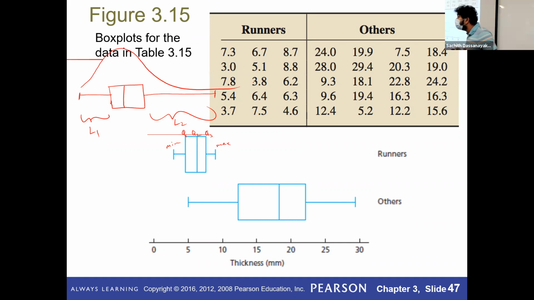Skewed one, skewed distribution, right? Since the tail is on your right-hand side, it is going to be right skewed.